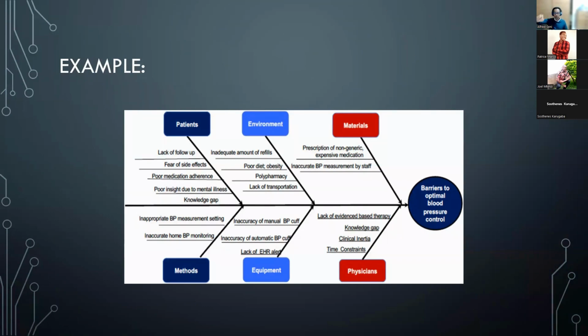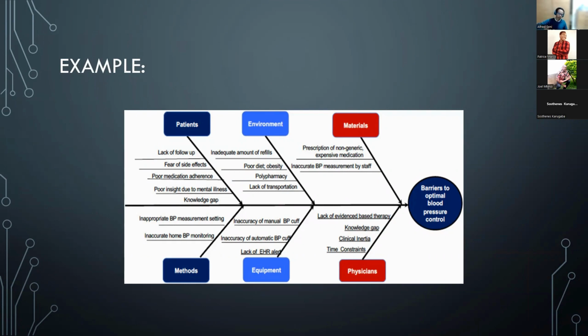Sawa? So the first one wanaangalia from the patient perspective, alafu na environment, kuna material, kuna methods, kuna equipment, kuna physician. Okay, so from the patient perspective, kunawezekana kuna lack of follow up, au fear of side effects, or poor medication adherence, or poor insight due to illness, knowledge gap.